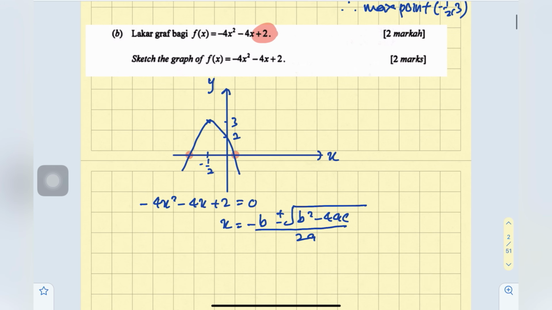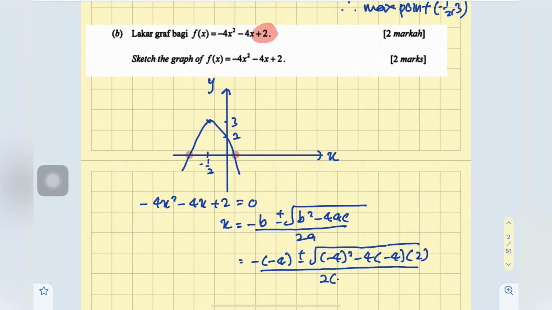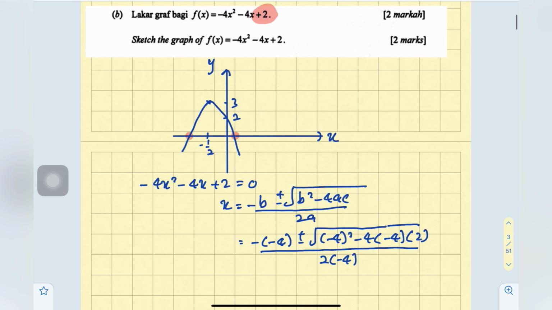We just substitute: negative 4 plus or minus the square root of negative 4 squared minus 4, where a is negative 4 and c is 2, divided by 2a, where 2a is negative 4. We can find that this one is 0.366 and negative 1.366. So here is 0.366 and negative 1.366. Okay, this is our graph.